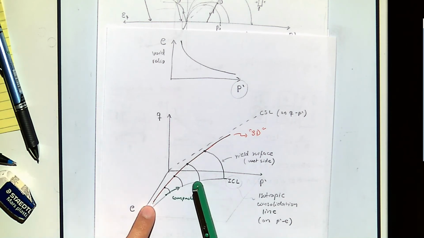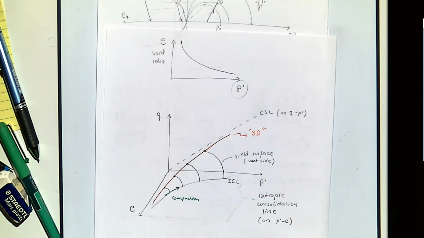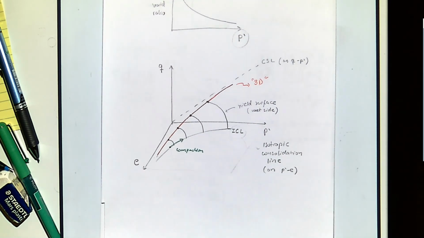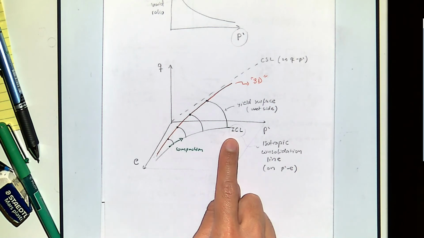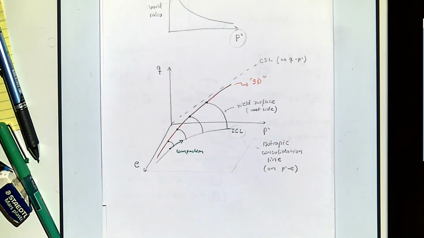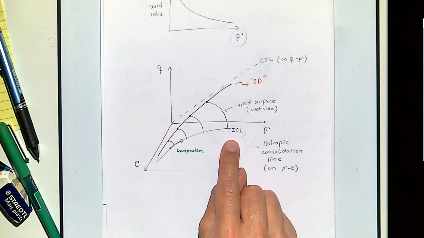And that's where we get this phenomenon of strain hardening. There is just one little thing that I like to highlight, is that it is easier to work with these surfaces, and we'll do the same in our equations with this isotropic consolidation line.